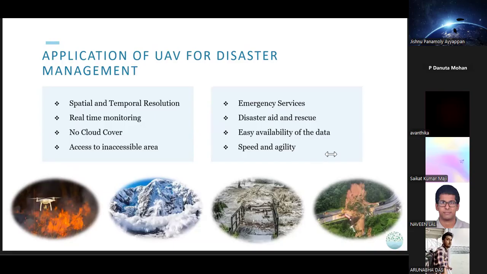We cannot wait till the satellite passes, as that will delay things and put more people in danger. Another benefit of drone images is that the data we acquire, as I said, is of high spatial resolution and high temporal frequency. It is very rapid and very effective in managing disasters.